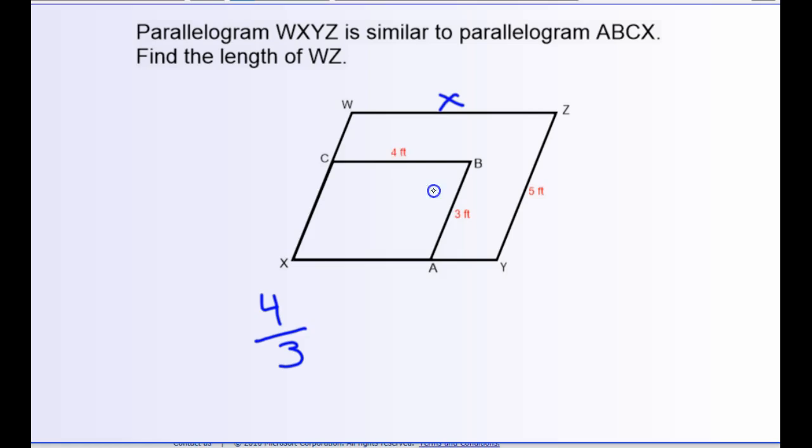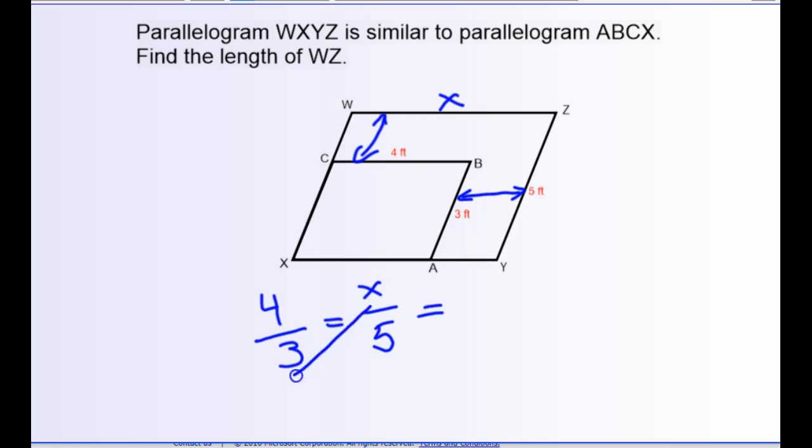So those are two sides that we know. The similar side to the 4 feet is the x, because it's in line with our figures. The similar side to the 3 feet is 5 feet. So we know that we have 5 on the bottom.